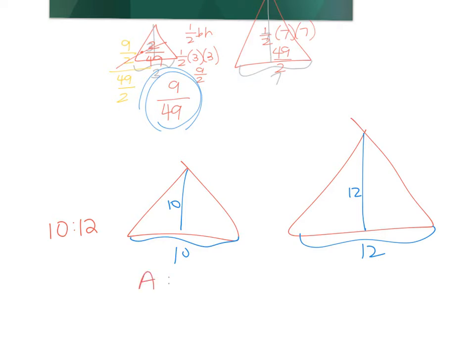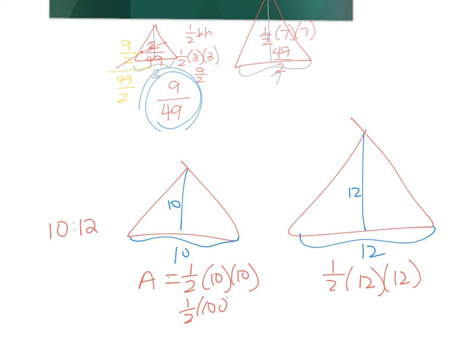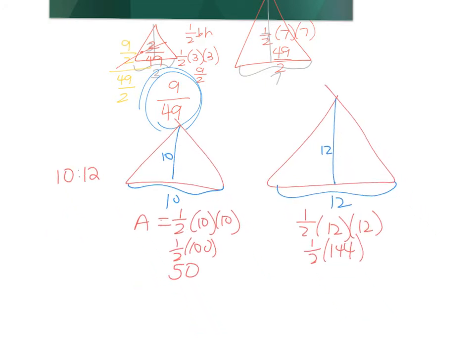Area here, 1/2 times 10 times 10, 1/2 times 12 times 12. So 1/2 of 100, which is 50, 1/2 of 144, 72. The ratio here would be 50 to 72.